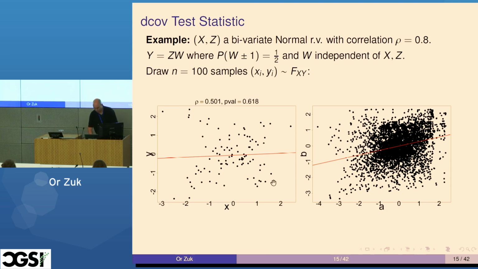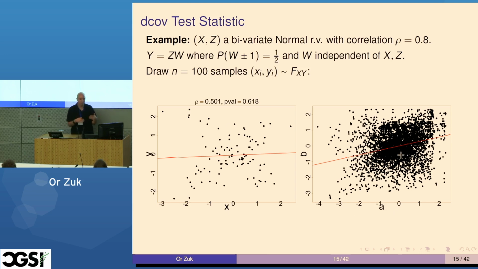You have things here, and you have things here. Before I flipped the sign, everything was here. But now when you flip the sign, you also have things like that. And there's clearly, I mean, the sample size is low, but there's clearly a dependence here. But because I flipped the signs, the Pearson correlation is non-significant. But now when you take all the pairwise distances and you plot them against each other, you see a strong correlation between them.